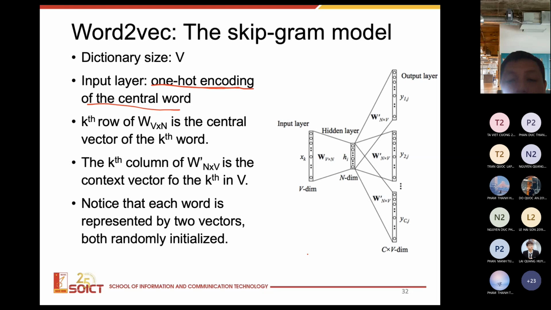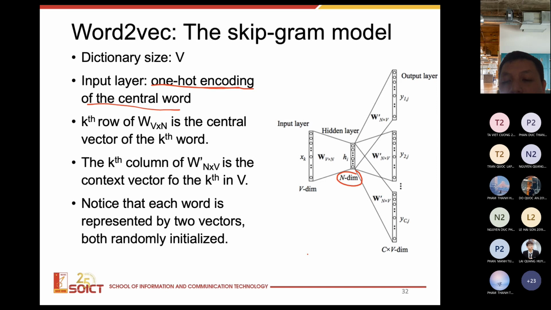In that neural network, we have one hidden layer with dimension n. So n here is the number of elements in the word vector, right? And this is the output layer. What is the size of the output layer here?